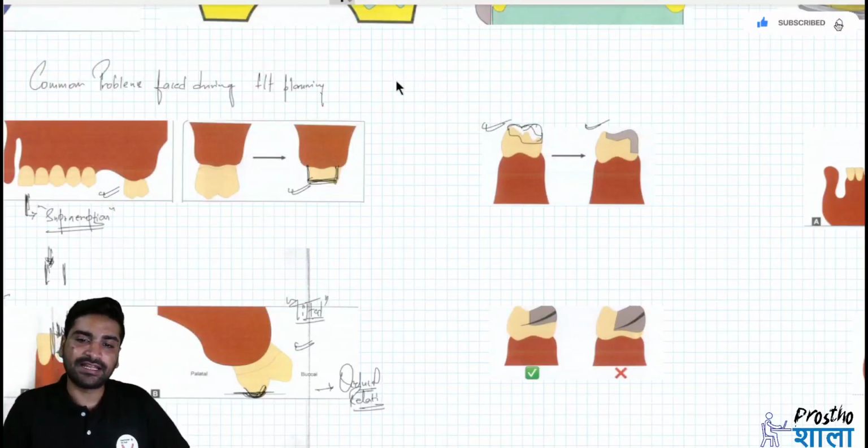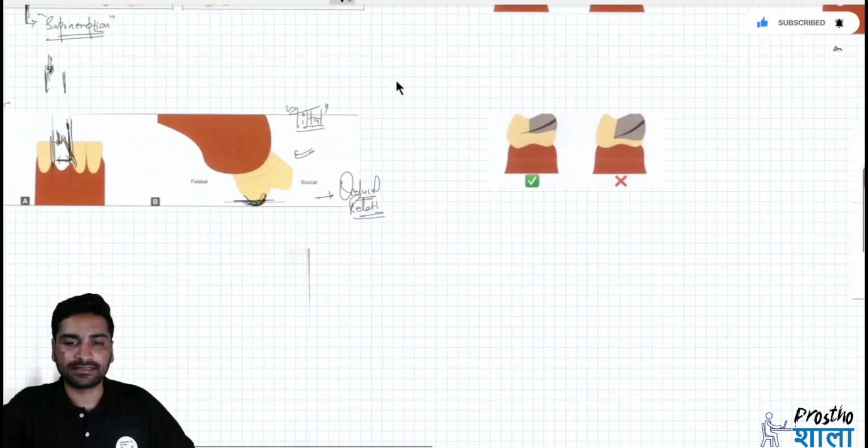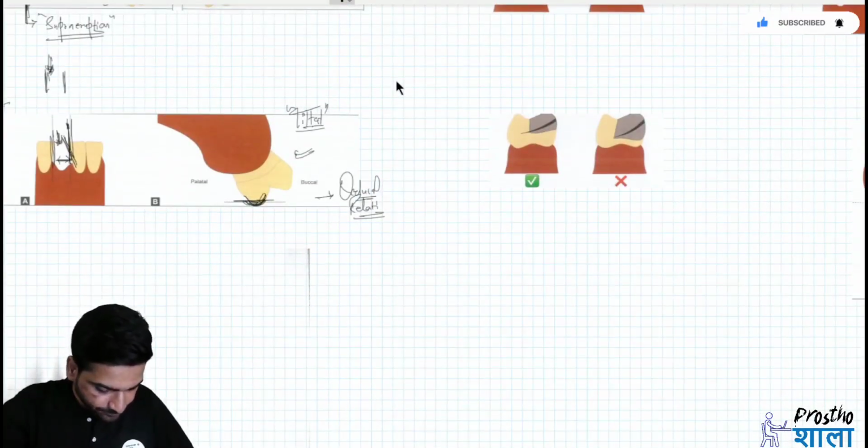Onlays are usually indicated in cases of supra erupted teeth.